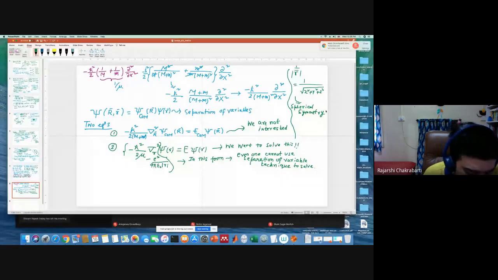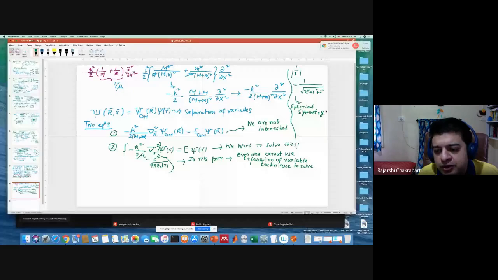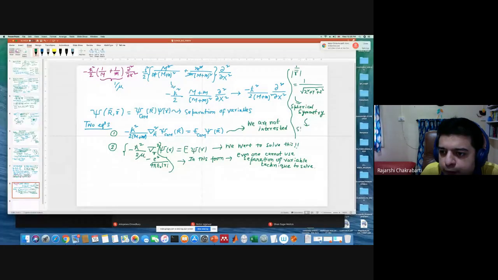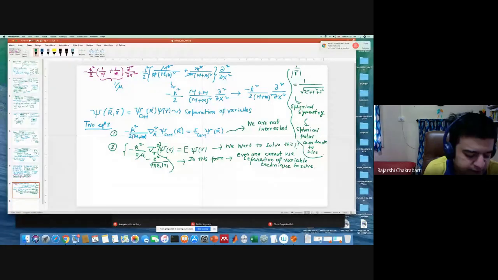And if you have spherical symmetry, you cannot use the Cartesian coordinate system. You cannot use the separation of variable technique. What you need to do is go to spherical polar coordinates and solve it.